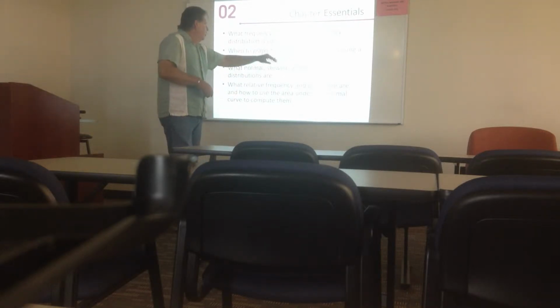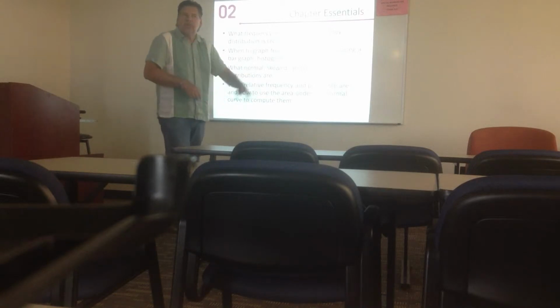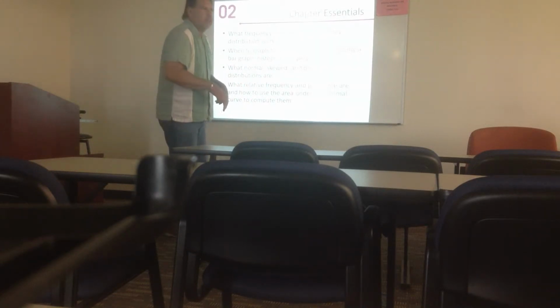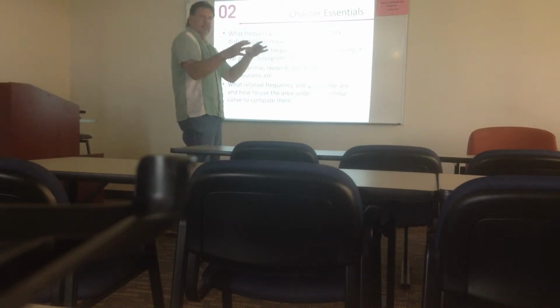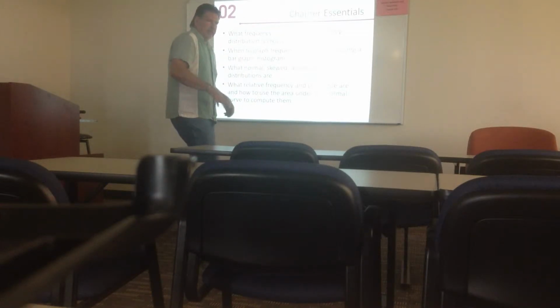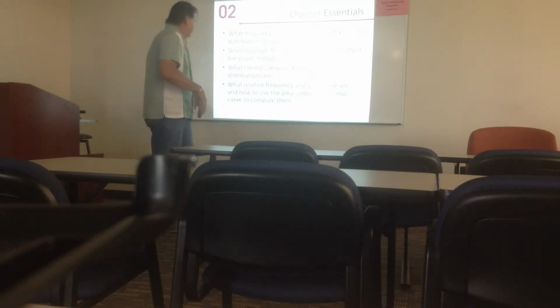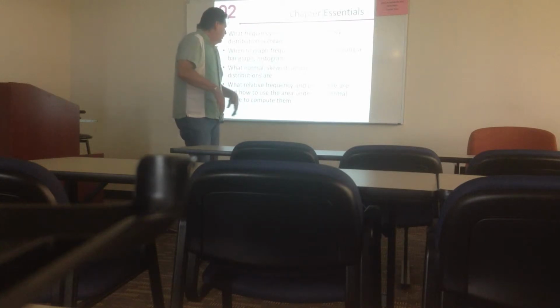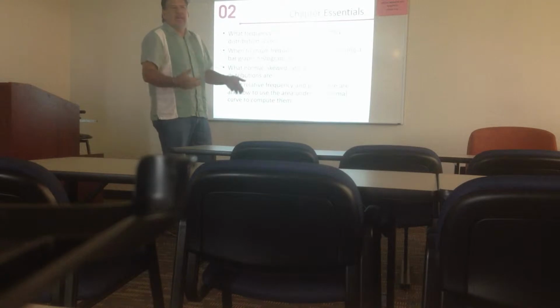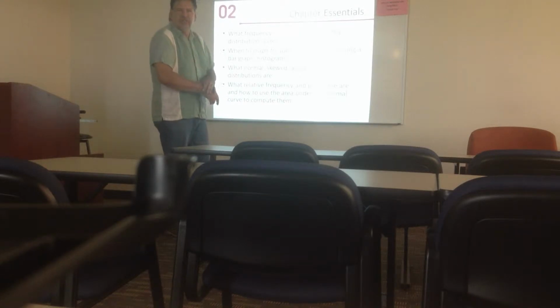We're going to go over what normal, skewed, and bimodal distributions are. What is relative frequency? How relevant is this group of data to the entire data? I'll show you how to compute that. It's very easy. Then how to use the area under the normal curve. Basically, that is what's called the Z distribution.